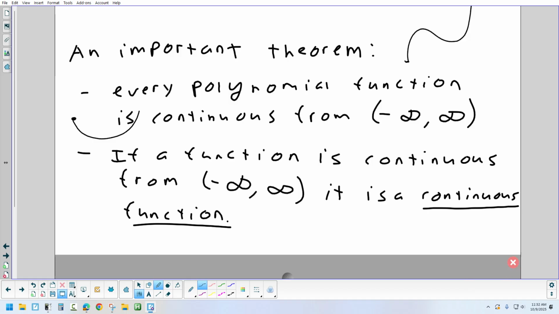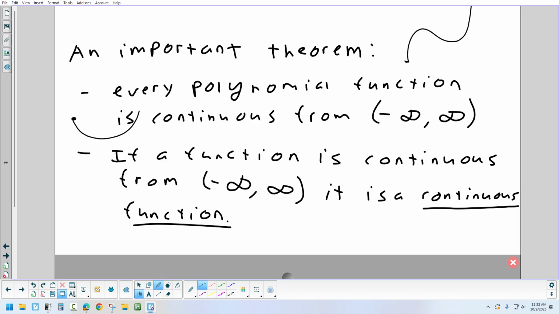So if you have a function that is continuous everywhere, no matter where you start and where you stop, that is called a continuous function. In other words, if I said to you, find an interval that is discontinuous in a polynomial, that's impossible.